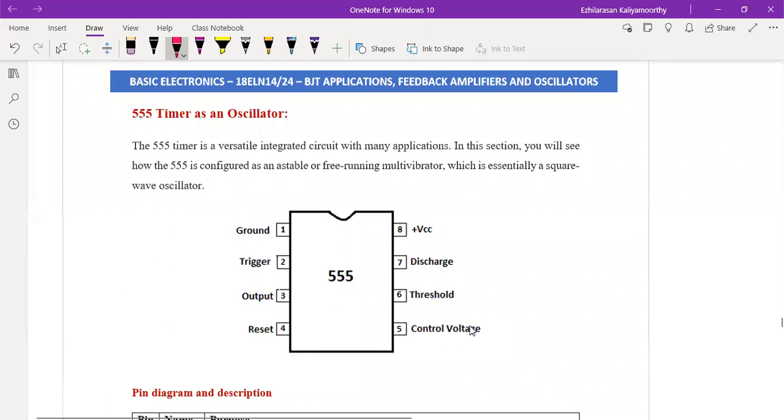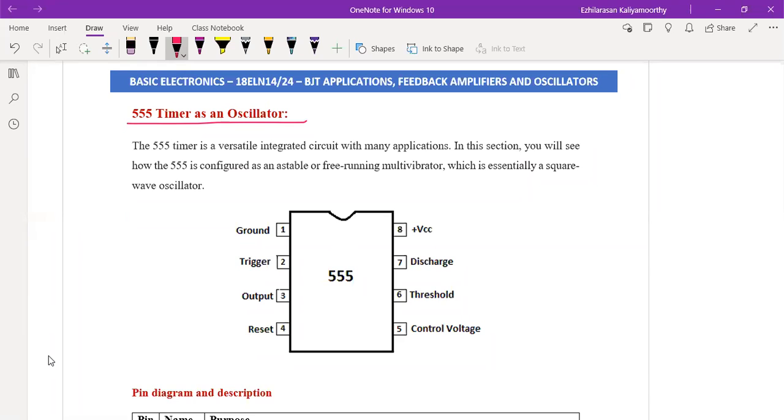Next is the 555 timer as an oscillator. There is one IC available in electronics, the 555 timer. From the name only, you can say the 555 timer circuit will be used for timer circuits. So here the 555 timer is a versatile integrated circuit with many applications.